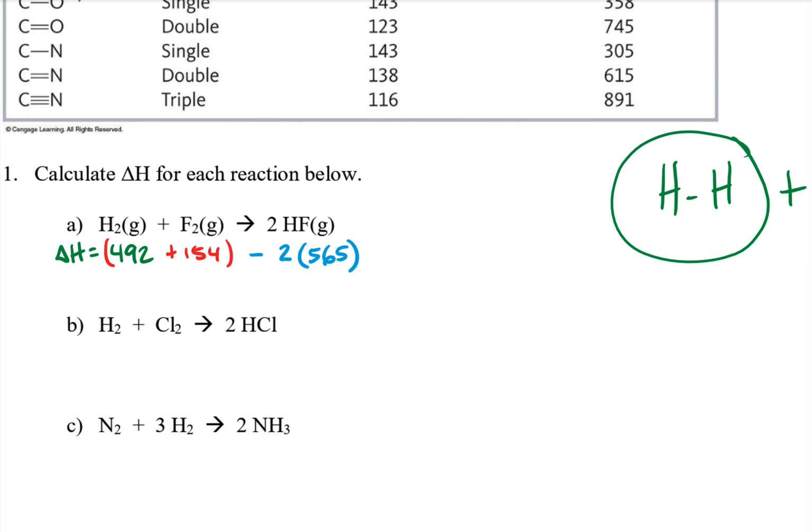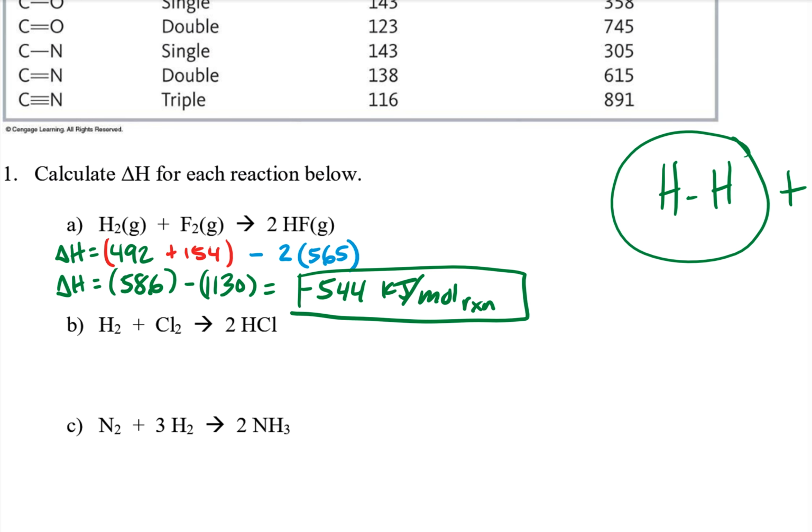And I'm going to do this math. Delta H equals 586 minus 1130. I get negative 544 kilojoules per mole. And since we're dealing with delta H, it'll be mole per reaction.